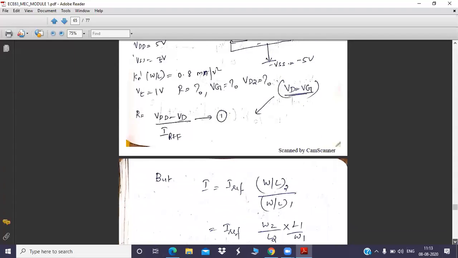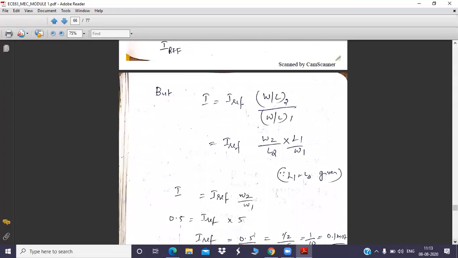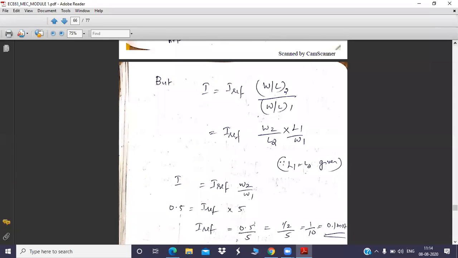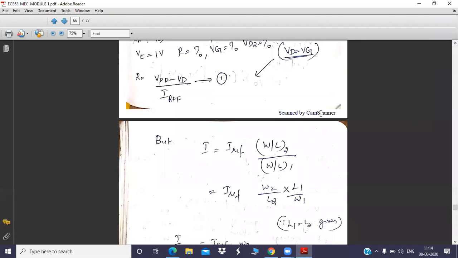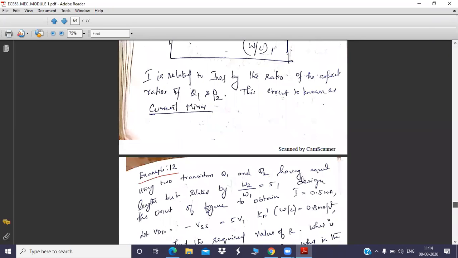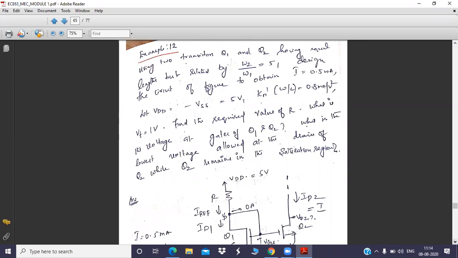Now, how are you going to find IREF? In the question, you don't have I reference, but you have I. The parameter I is 0.5 milliampere. I is nothing but the current flowing through Q2.